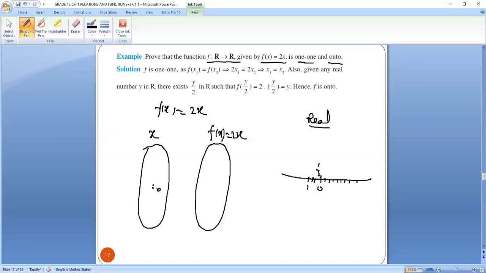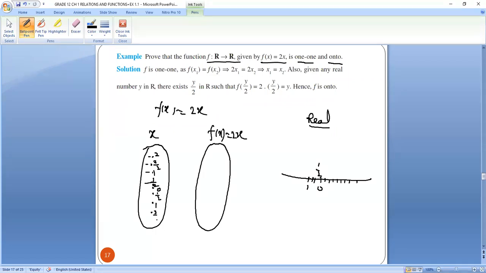So I am taking, for example, 0, right? Okay, 1 by 2, we take 1 by 2, then we take 1, right? Then we take 3 by 2, then we take 2. So these will be negative. And here I am taking 1 by 2, even 7 by 8, 1 by 8, 1 by 10, 1 by 30, all numbers will be included.